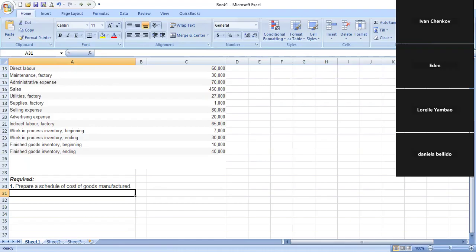From which account does cost of goods manufactured come? Do you remember? That will be from work in process. It's the credit on work in process, your cost of goods manufactured.